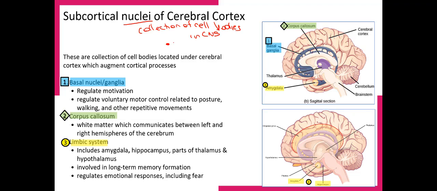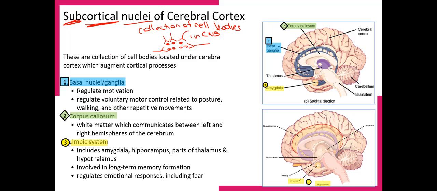And when you have a lot of cell bodies all together, you also have synapses there, right? And they are called subcortical nuclei because they're a collection of cell bodies just underneath the cerebral cortex, right? And so you've got these three different collections over here.